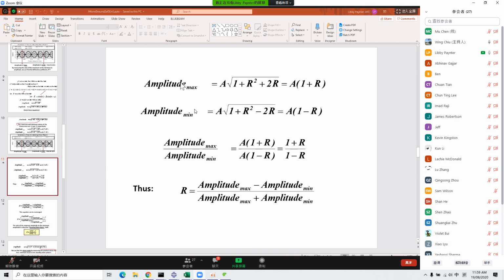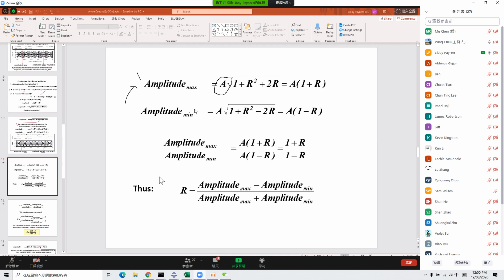If you look at this quantity here, A is the amplitude of the pressure fluctuation, which means that this has to be pressure. It's not decibel.